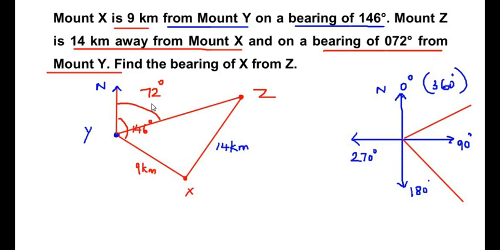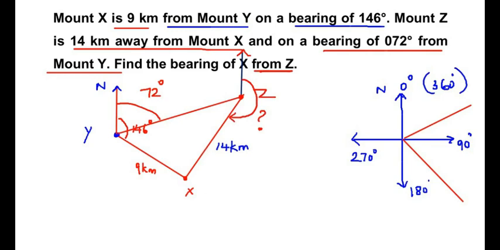Once we have drawn all the things, the question is asking us to find the bearing of X from Z. That means if we are drawing a north line at Z position over here, the bearing of X from Z, that means we will start from Z point, we keep on moving till we reach the point X. This angle is what we need to find out.